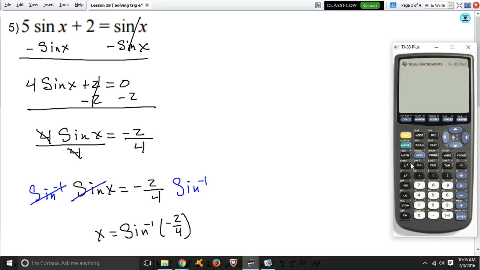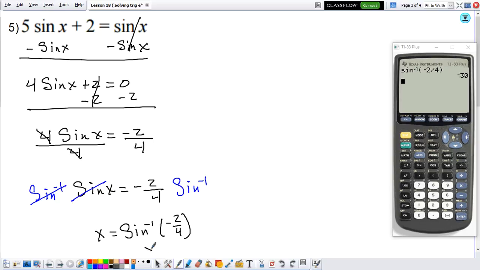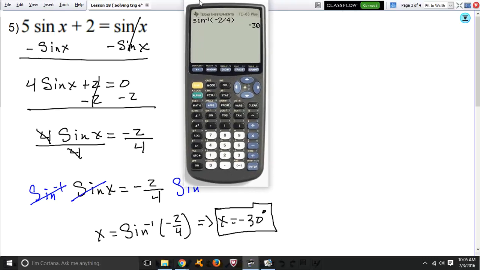We're going to find the inverse sine of negative 2/4, which is the same as negative 1/2. So now we have our first answer: x is equal to negative 30. This is my first answer, but notice that we did multiply by the inverse, so we got to check for the second solution. So how do we check for the second solution here?